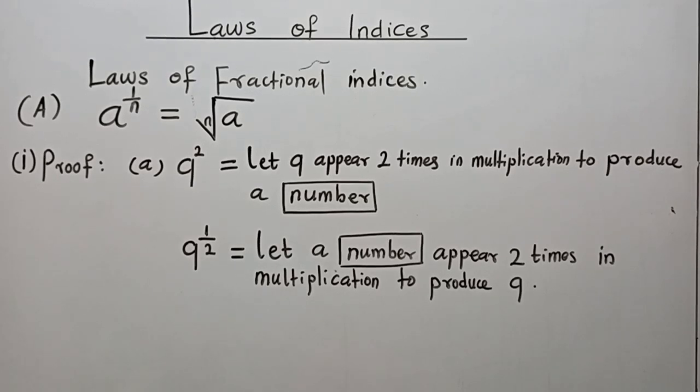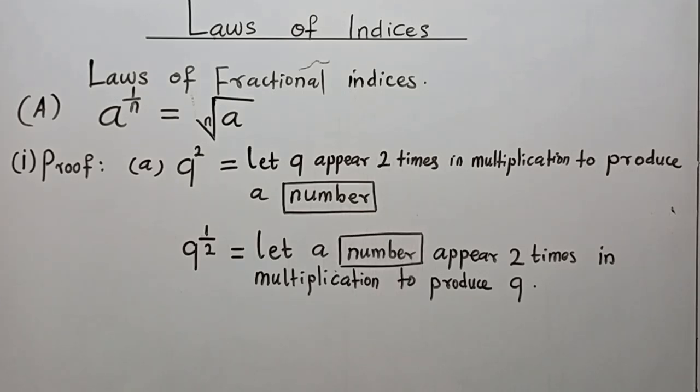And here they come. First, 9 to the power 2 means let 9 appear 2 times in multiplication to produce a number. Meaning, let 9 start multiplying itself, or multiply 9 by 9, so that in that process, 9 appears 2 times.